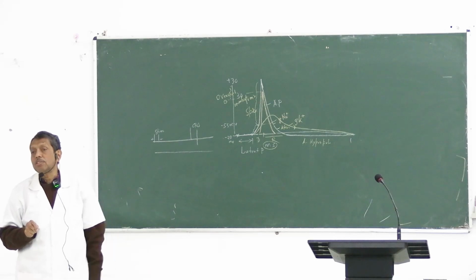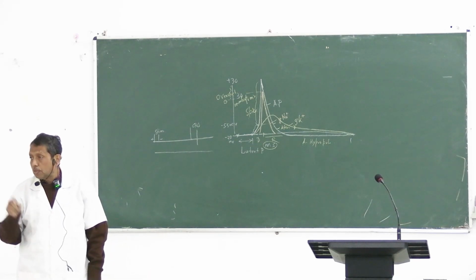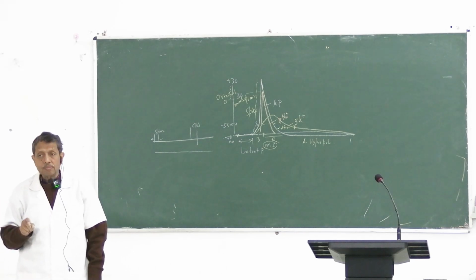Action potential generation is the only function of the nervous system, and in response to this there is contraction of muscle, secretion of glands, and many other functions.